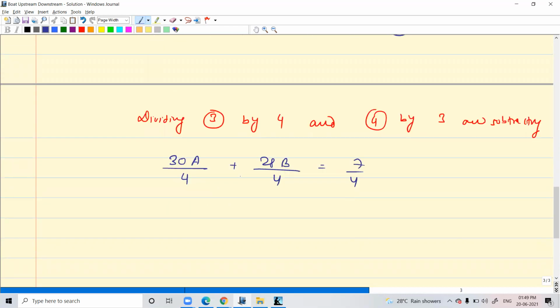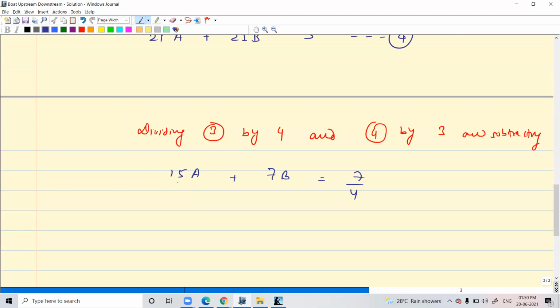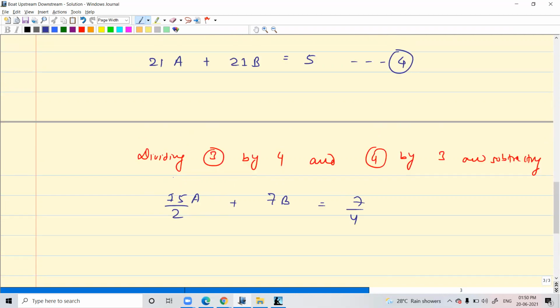So simplify it. I'm going to directly write it as 7B. And this also you should be able to simplify. So what can I write? 15 by 2, right? 15A by 2. And this, let's leave it as 7 by 4 itself.